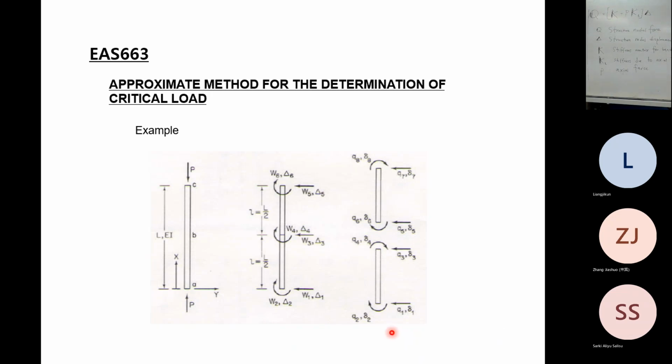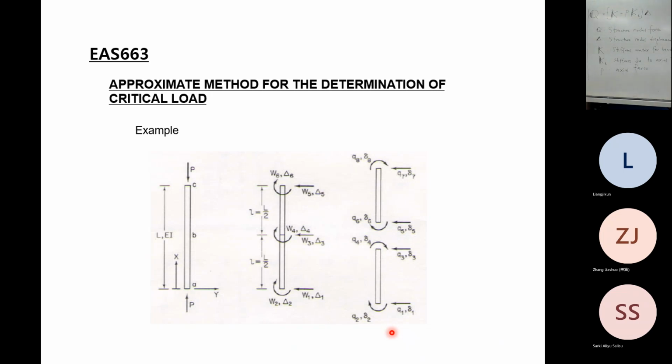At this element level, as I mentioned again, here is the structure level. The structure nodal force is the symbol W here, that is where the vector Q is. And the structure nodal displacements, translations and rotations, are given by big delta here. So delta 1, delta 3, delta 5 are all translations.